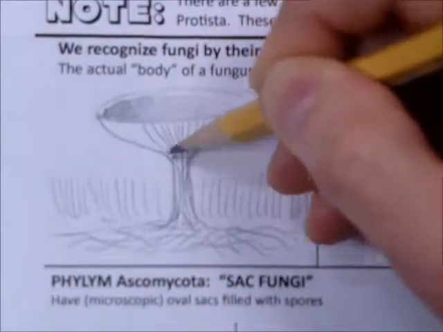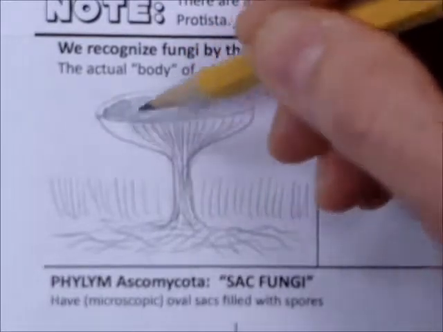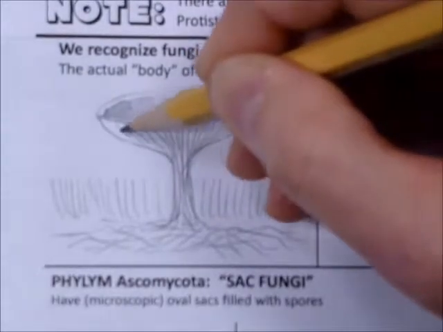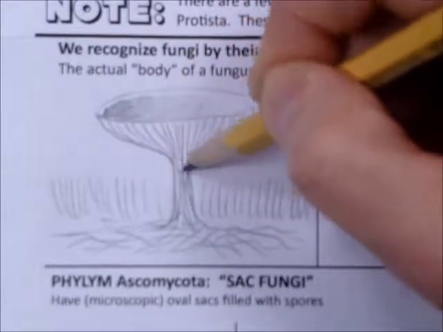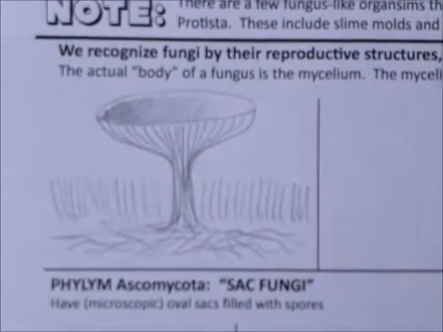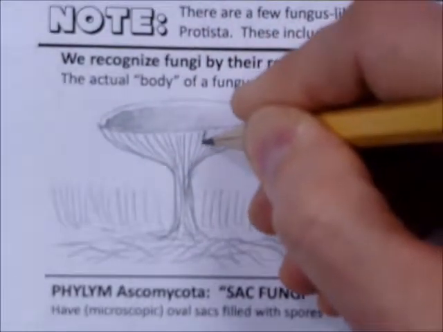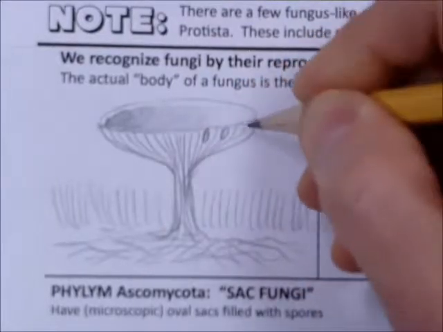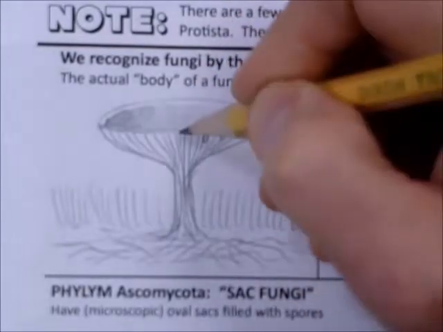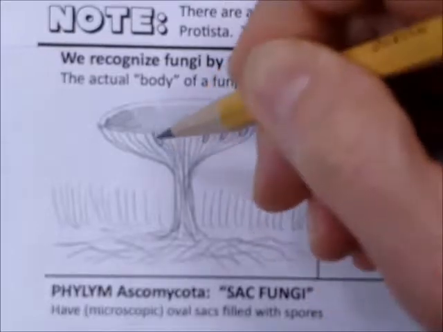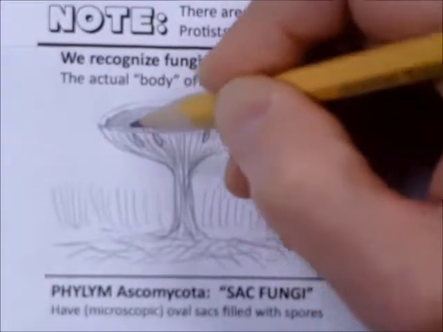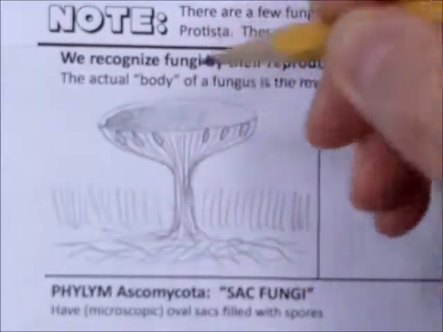So the mushroom cap, or here the cup cap, is actually made of these hyphae still. And then some will have little sacs, and these are where the spores are. Now a spore is kind of like a seed a little bit.